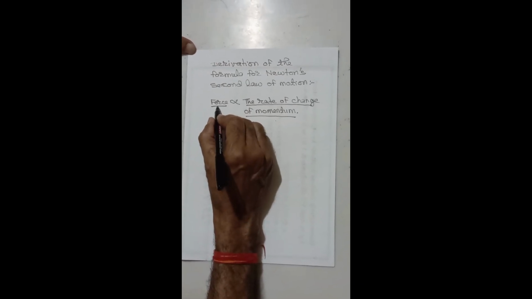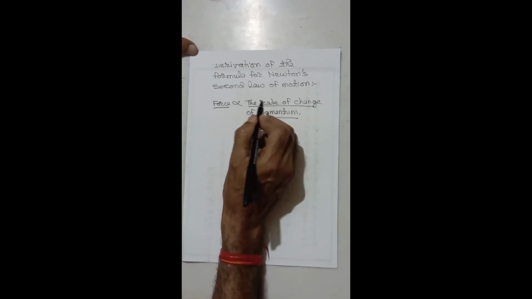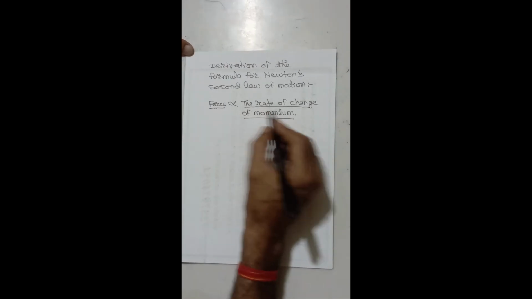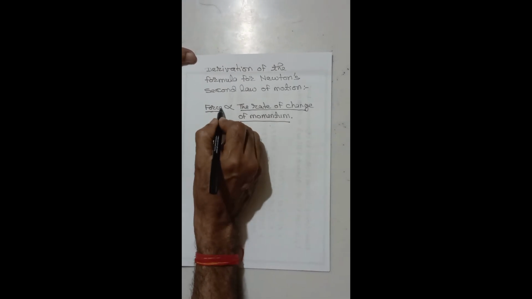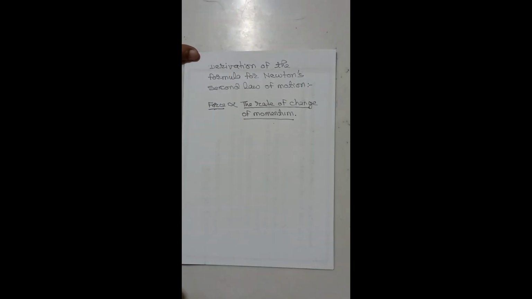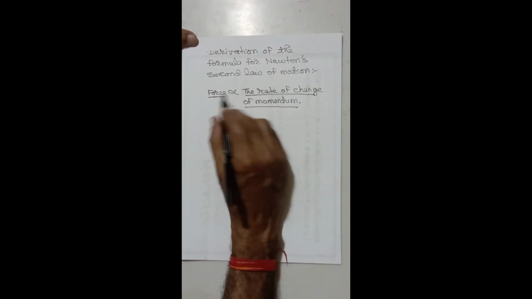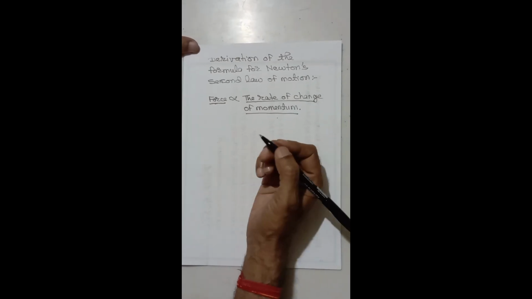That means when force increases, the rate of change of momentum increases, or when the rate of change of momentum increases, then force increases, and vice versa. So directly proportional means if one quantity on the left hand side increases, the other quantity on the right hand side also increases, and vice versa. First we will try to understand what is rate of change of momentum.